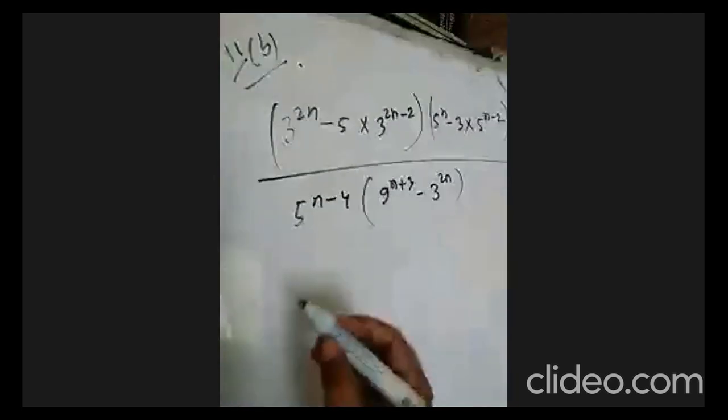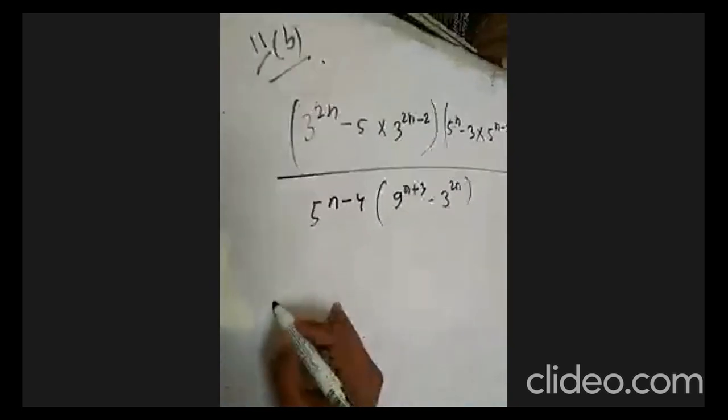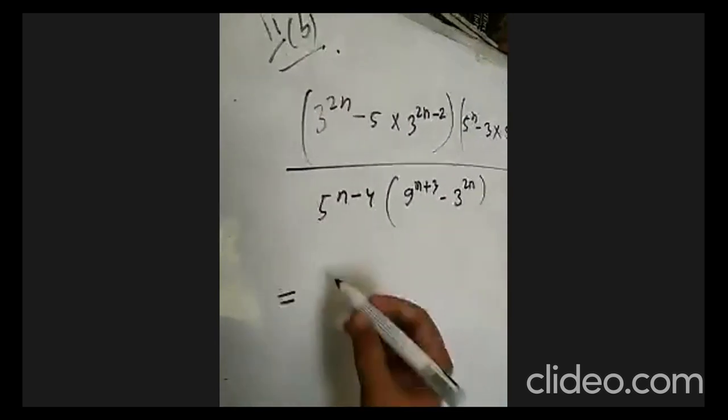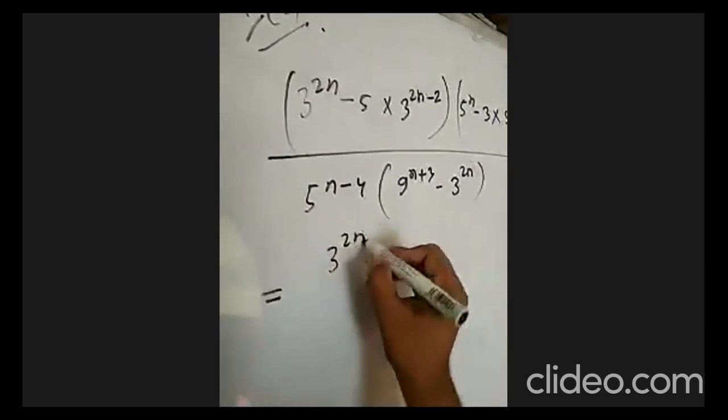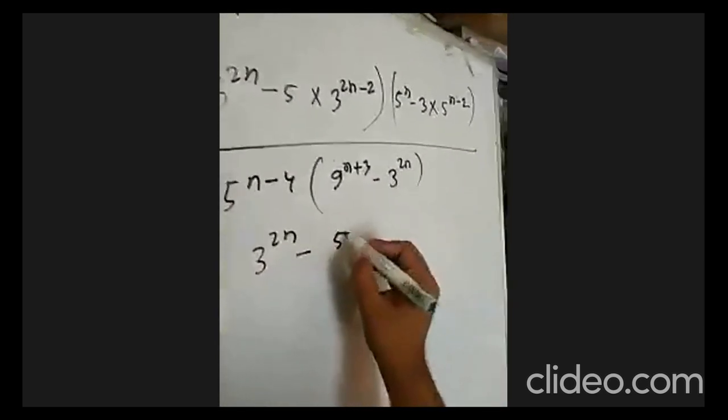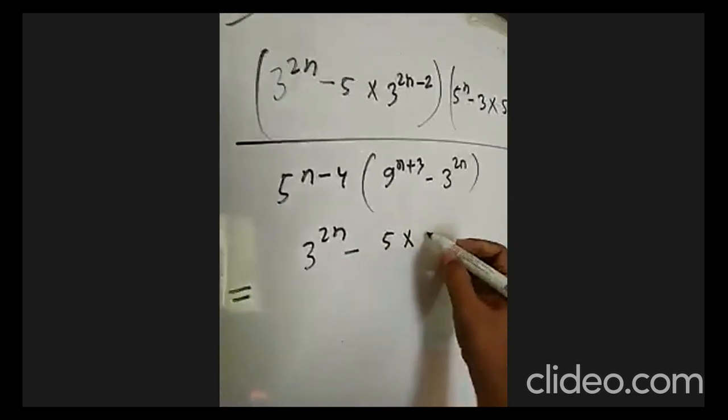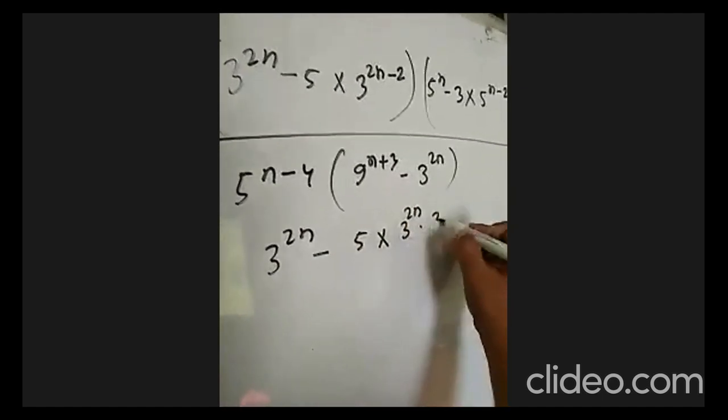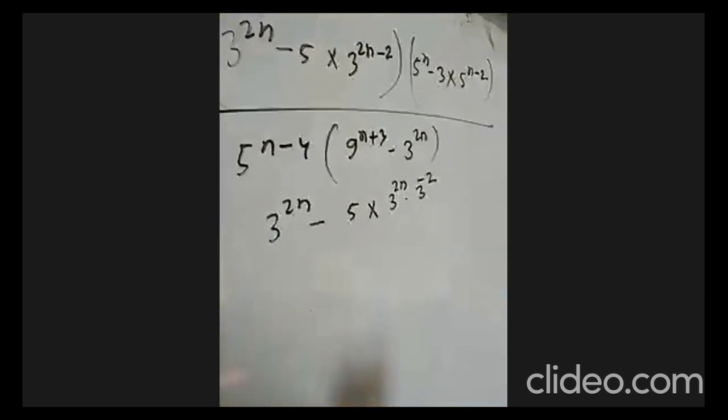Now how can we simplify this? This can be written as 3 to the power twice n minus 5, which is 3 to the power twice n into 3 to the power minus 2.